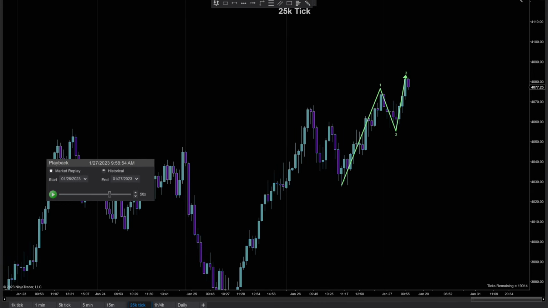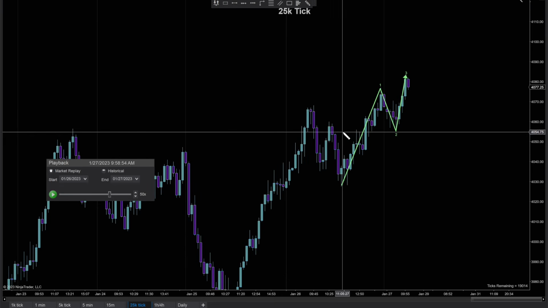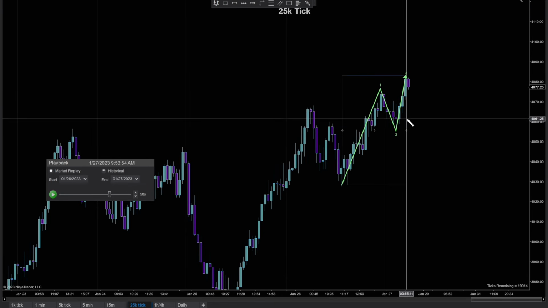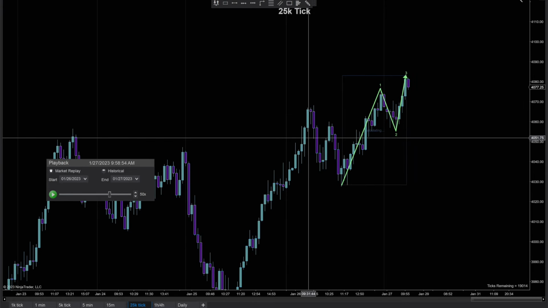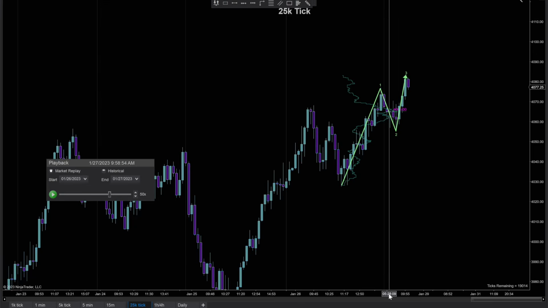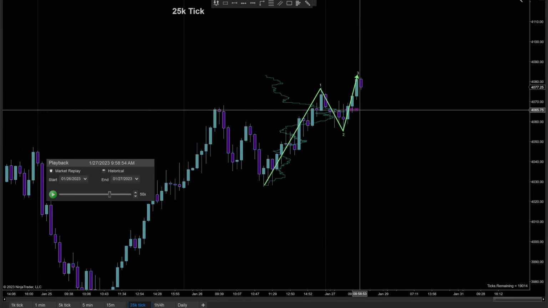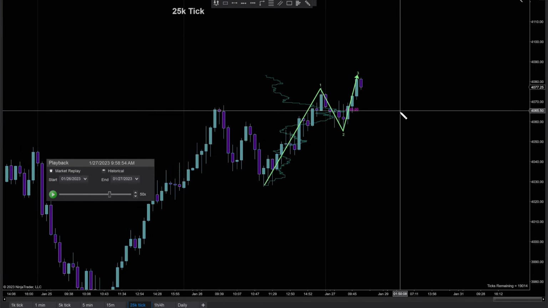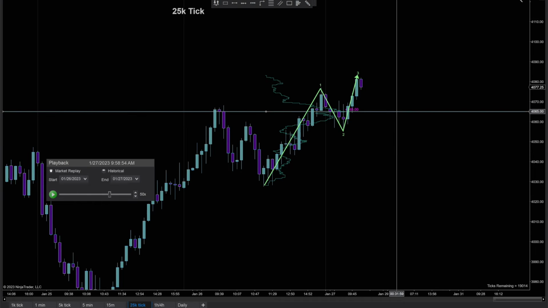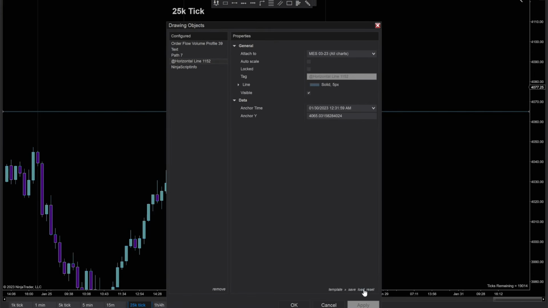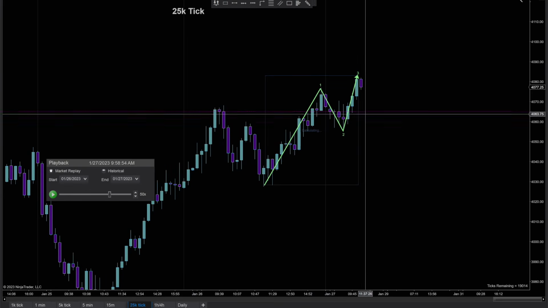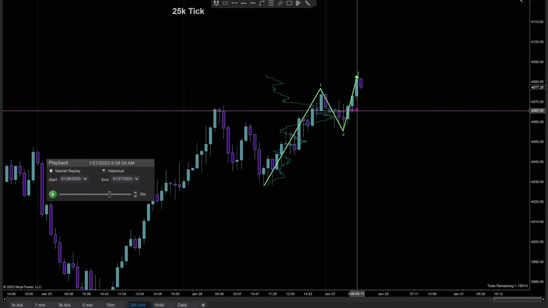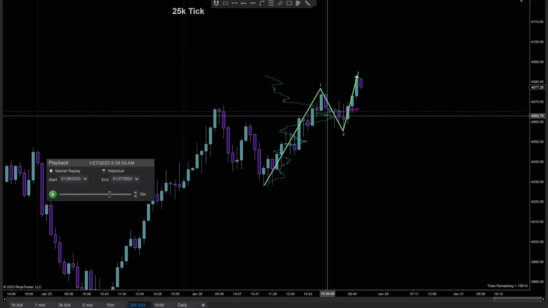Well, the first thing that we can do is take our profile tool and draw our 1, 2, 3 profile and say, where's our volume? Okay, so right here we see that our volume is at 65. So we're going to draw a line in there. So 65 is where that volume is from this 1, 2, 3 pattern.